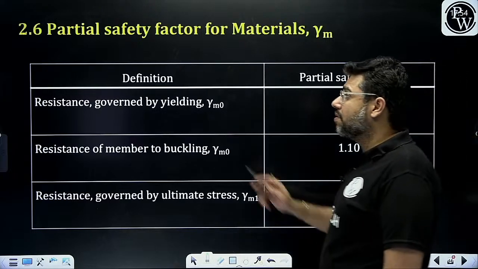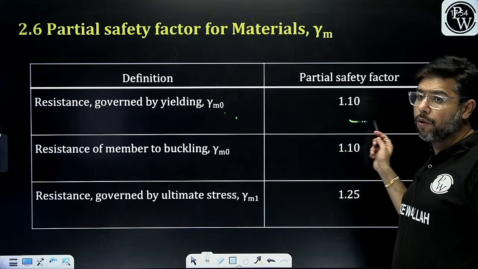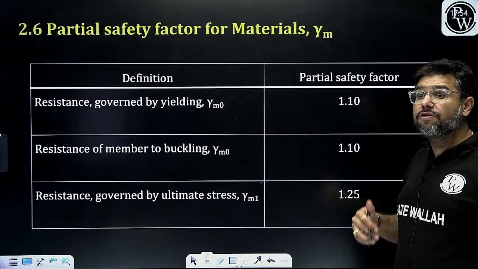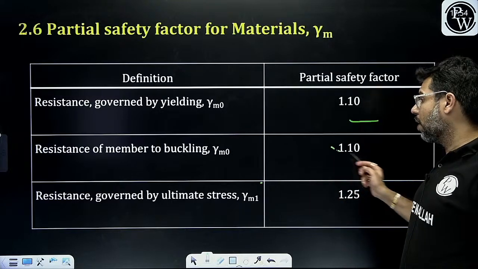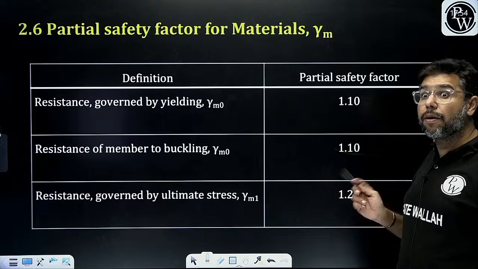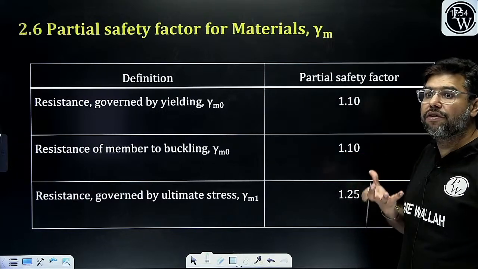If the resistance is governed by the yielding criterion, the partial safety factor gamma m0 is 1.10. If the material is failing by buckling, then also gamma m0 of 1.10 is used. But if the structure is failing by rupture, that is a critical condition, so the safety factor is increased.